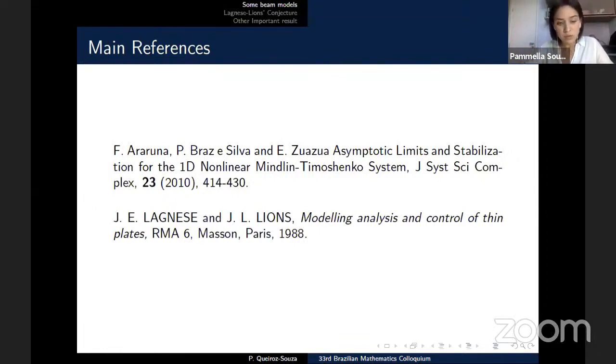The second one is the Lagnese-Lions book, where they studied the one-dimensional linear case, and they conjectured that the limit of the Mindlin-Timoshenko two-dimensional nonlinear case converges as k goes to infinity toward the solution of the von Karman system.